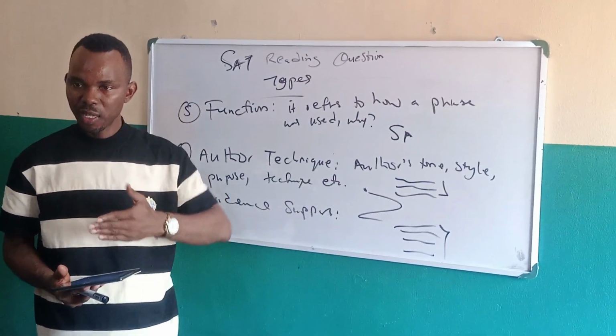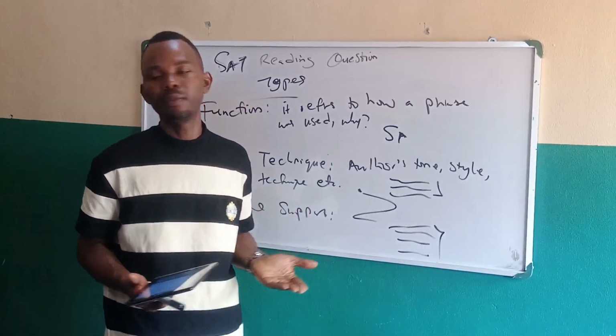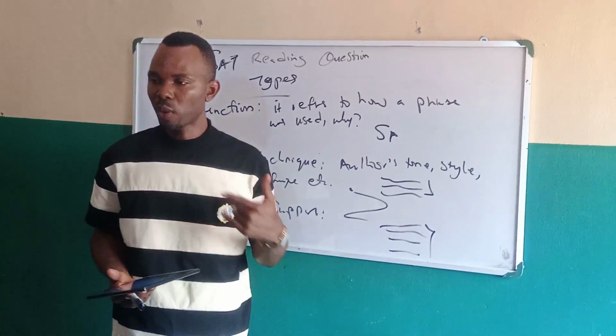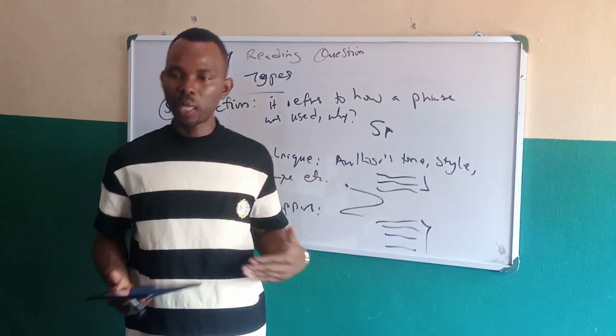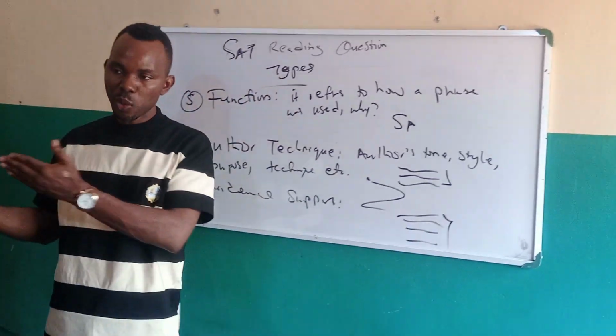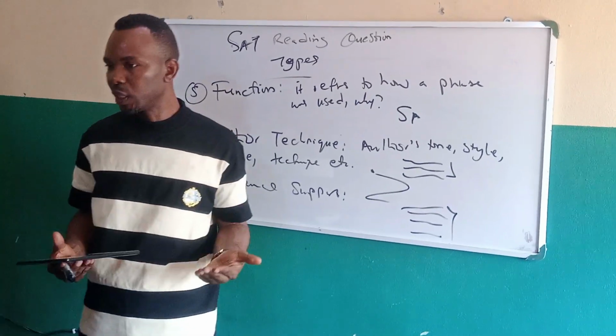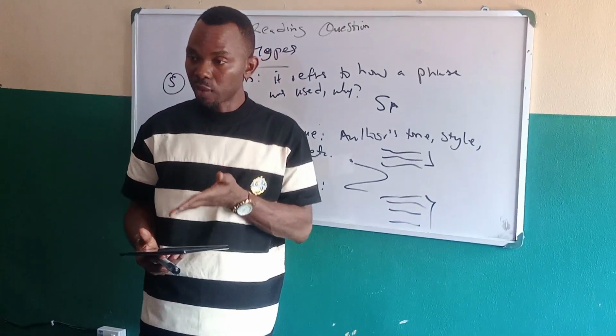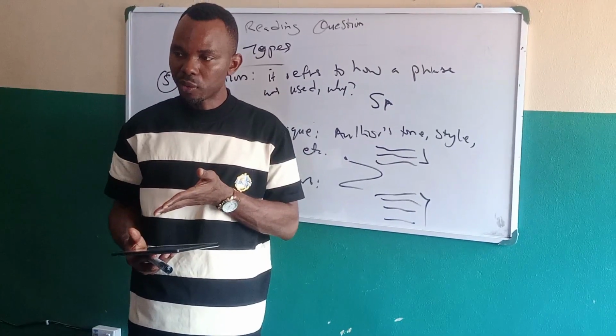Do you understand? Yes. So anytime you hear something like a shift, it means that you need to identify what the author was actually talking about, and then what did he now start talking about? Because there's going to be a change, like in this kind of question. Do you understand?